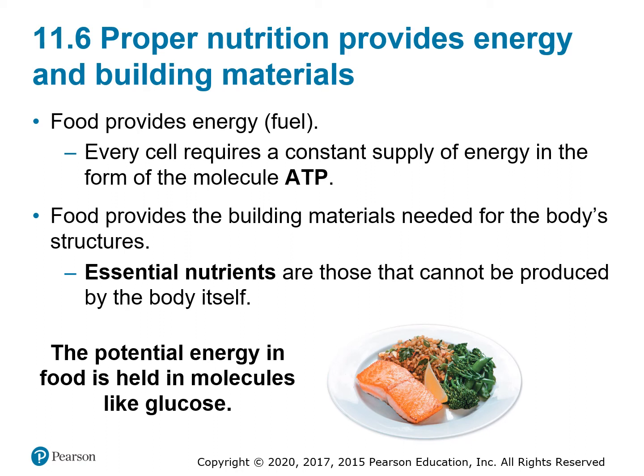So food provides energy or fuel, and remember, every cell requires a constant supply of energy in the form of ATP. So it's the job of food to provide the chemical energy in the form of bonds that are broken to actually then make ATP. And that is what we learned in chapter 4 with cellular respiration.